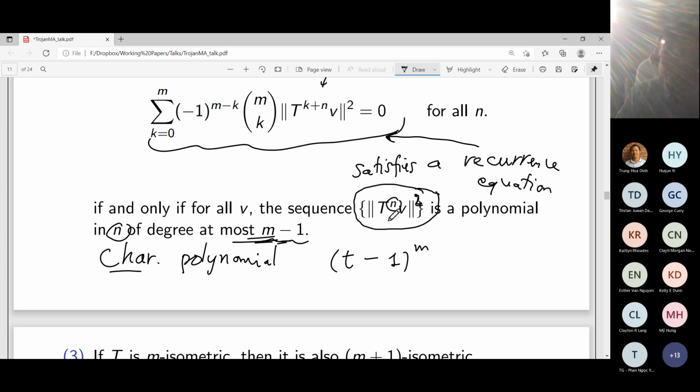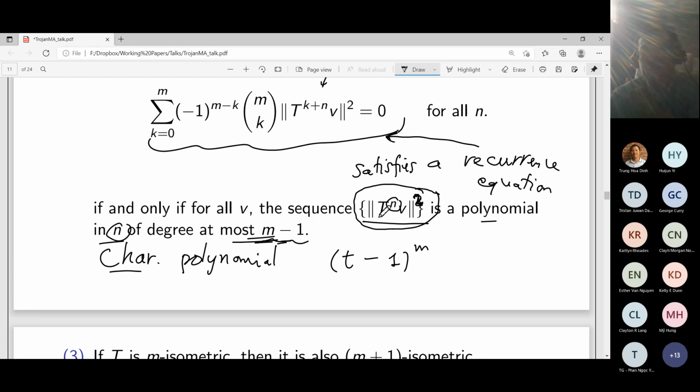For even negative integers. So if something like this is a polynomial of n for even negative integers, and because we take the norm and square it, the polynomial should be non-negative.